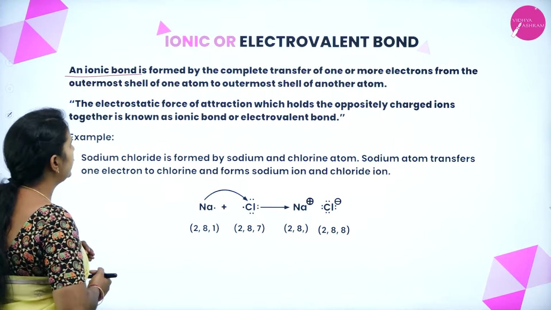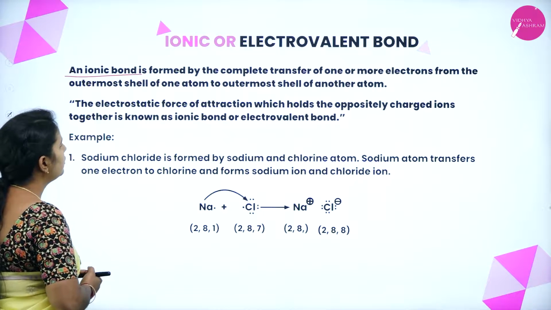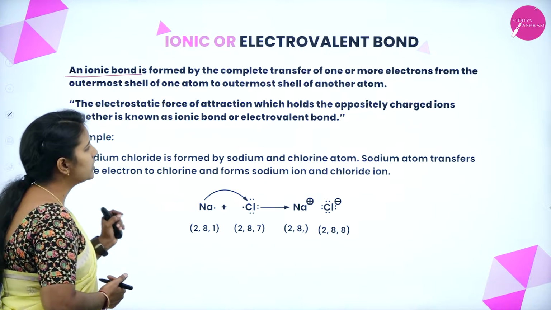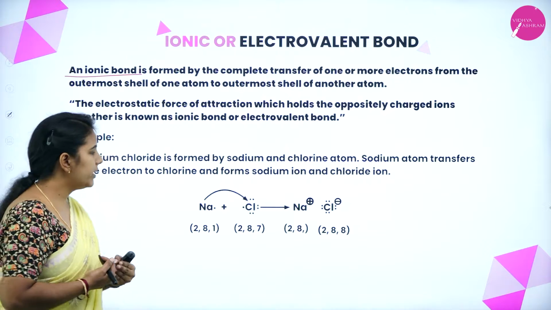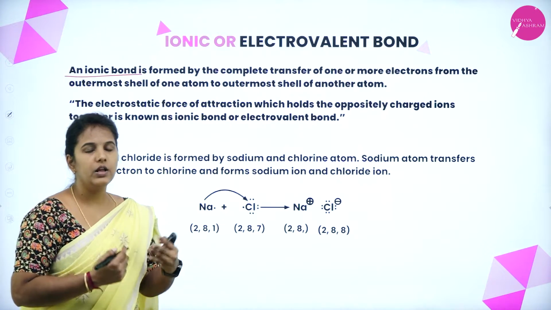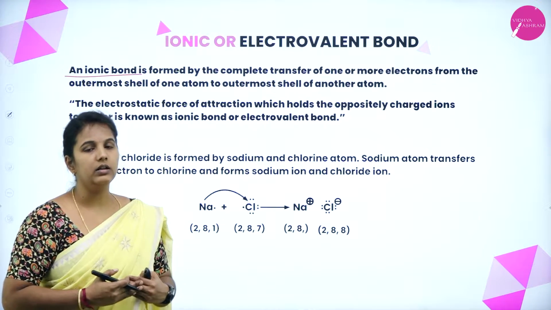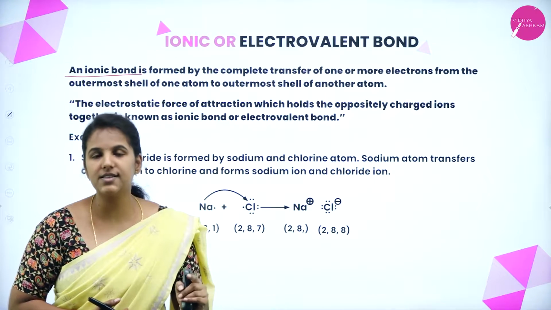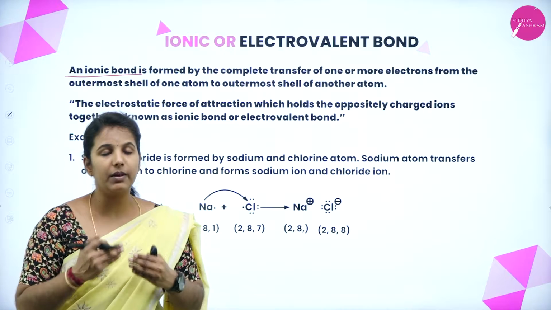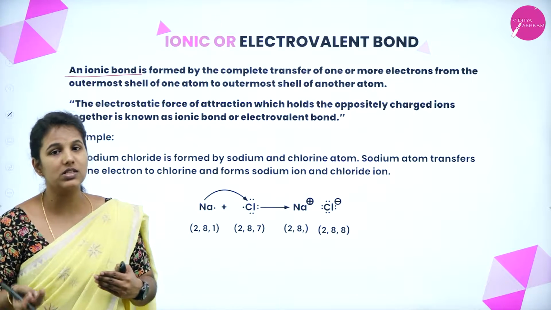Or you can define it like this also: the electrostatic force of attraction between oppositely charged ions. For example, if you take sodium chloride, we know that the sodium metal loses one electron present in its outermost shell. Is it right? So it becomes a cation when it loses its one electron.